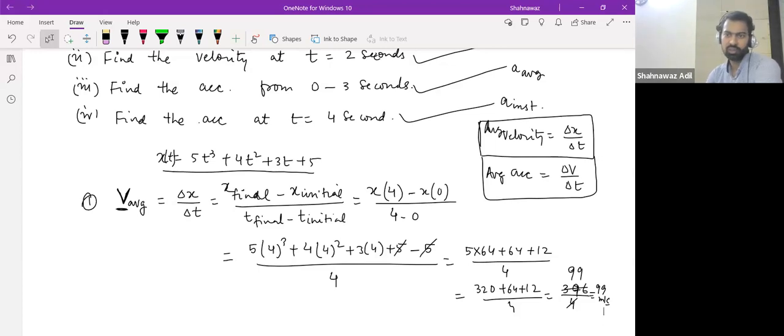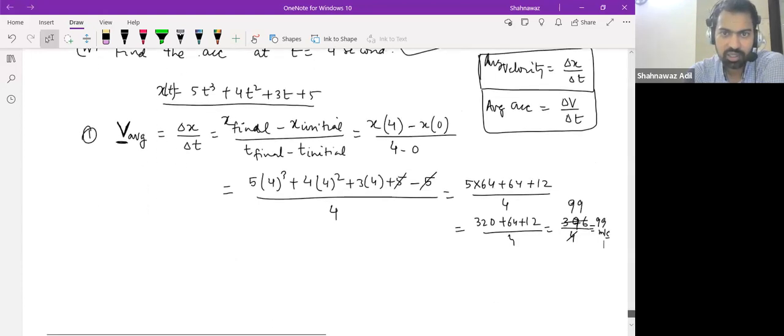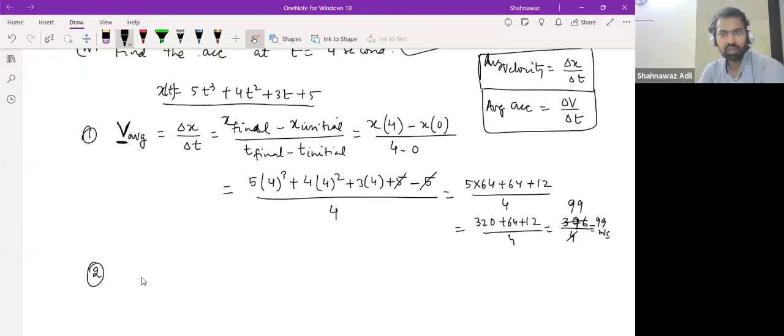Yes, sir. Okay, so now let us do the second problem. In the second problem, we need to calculate the velocity at 2 seconds. So that is what? Average velocity or the instantaneous one? So I'm asking, they want us to calculate the velocity at 2 seconds, so this is what kind of velocity?